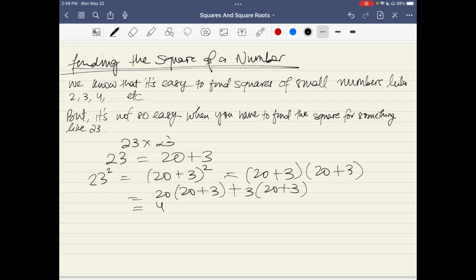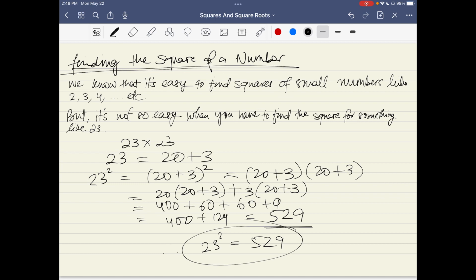And then that's 400 plus 60 plus 60 plus 9, which is 400 plus 129, which is 529. Therefore, 23 squared is 529.